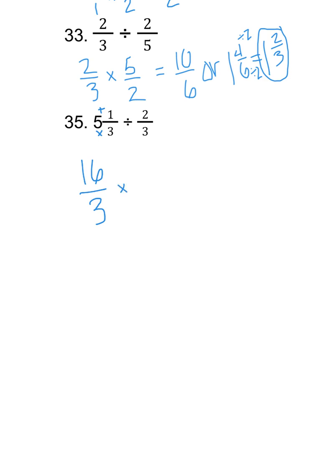So we're going to multiply by 3/2, not 2/3. And we are going to get 48 over 6. And then we're going to ask ourselves, how many times does 6 go into 48? And that is going to be 8 times.